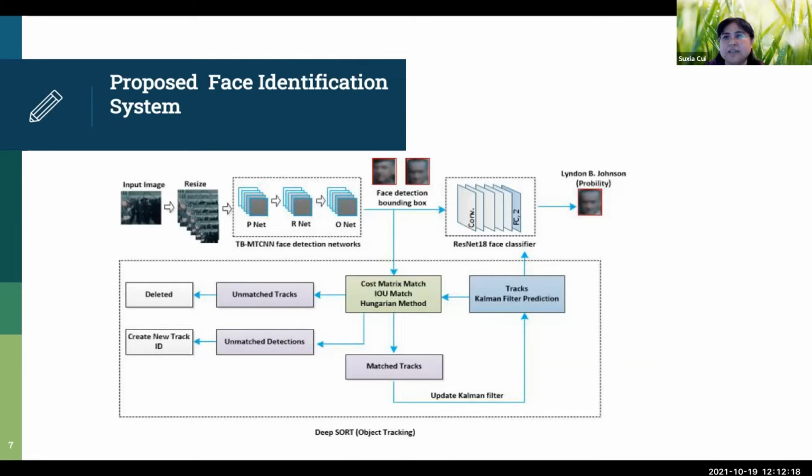This algorithm is applied to face tracking and face bounding box updating. Subsequently, the updated detected face bounding boxes are transferred to the ResNet for recognition and classification of a particular face. So finally, we get the historical figure face recognition.